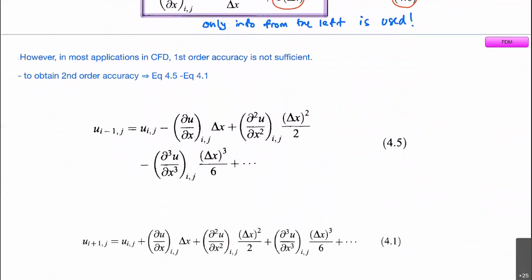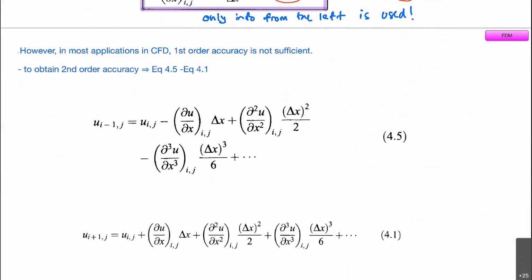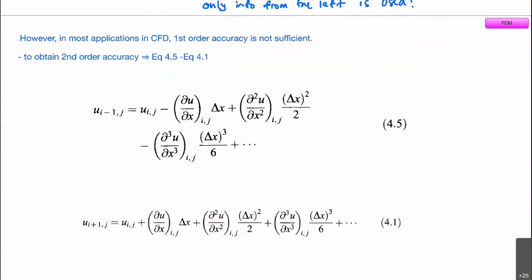However, in most applications in CFD, dealing with first order accuracy is just not enough, because we want something more accurate. So to do that, we can try to obtain second order accuracy. Basically, you take equation 4.5, the backward difference, and subtract it from equation 4.1, the forward difference.